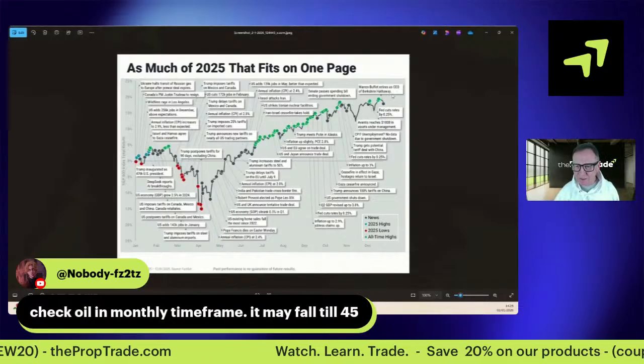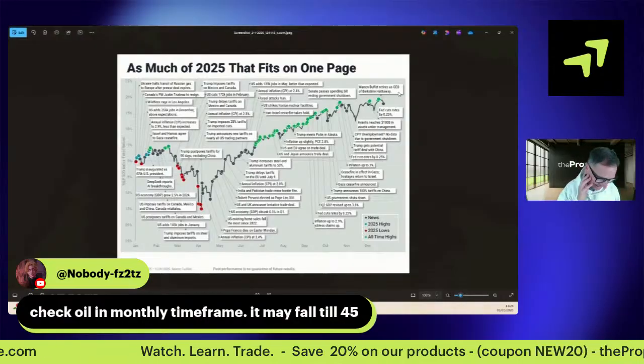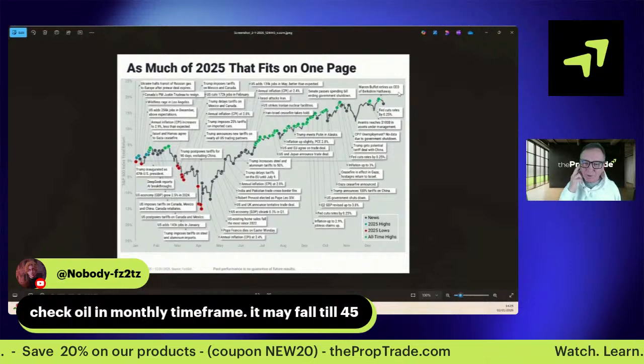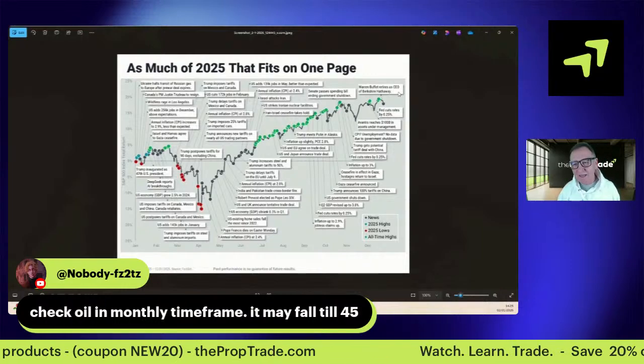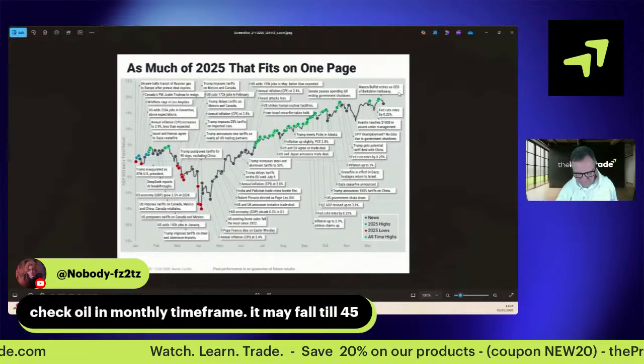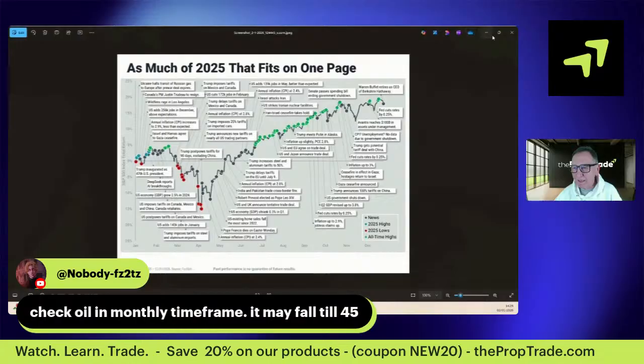And then we finished the year with the man himself, Warren Buffett, actually stepping down as CEO of Berkshire Hathaway. Still going to be chairman, but at 95, I think he is, stepping down as CEO of Berkshire Hathaway. So anyway, more on that a bit later.